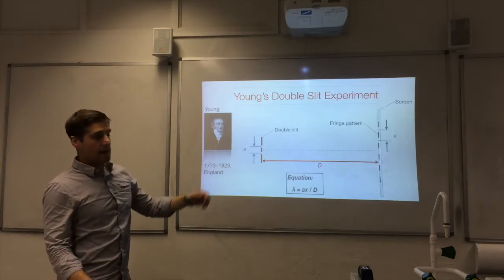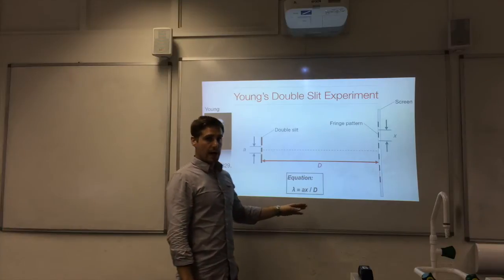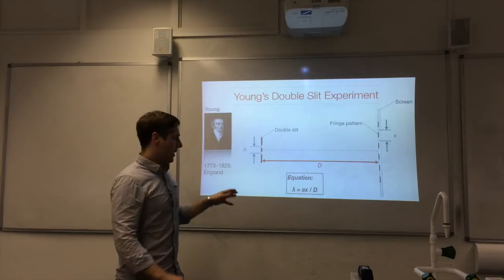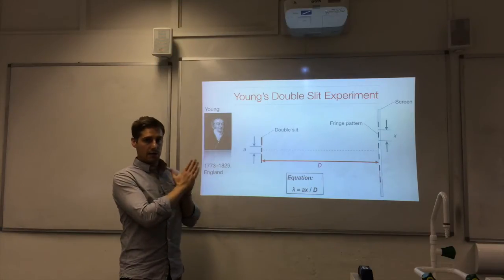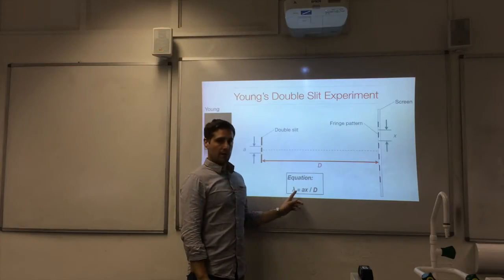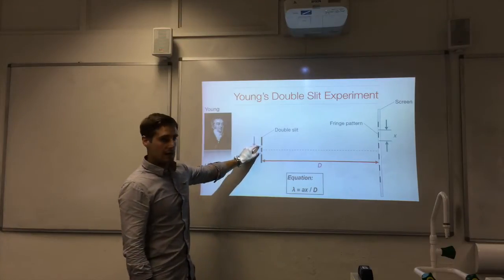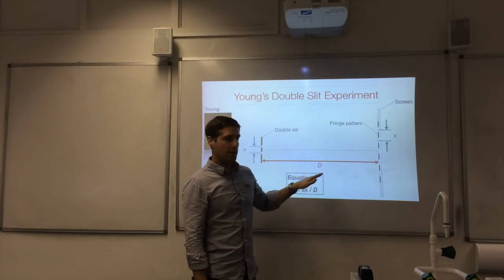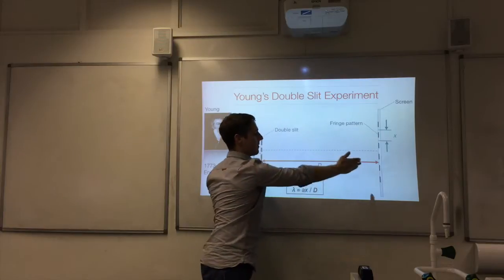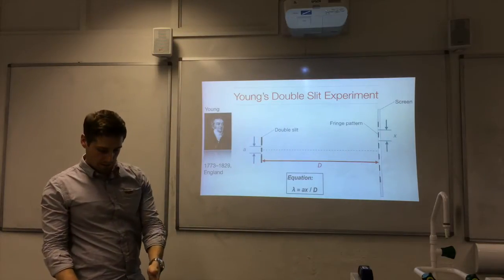And the equation is the wavelength of the light is equal to ax over D. So if you're working with red laser light, such as the one I showed you, then you could work out the wavelength of the light from this experiment if you know how far apart your slits are, and measure this x and you know how far D is. So you can use that to work out the wavelength of light.